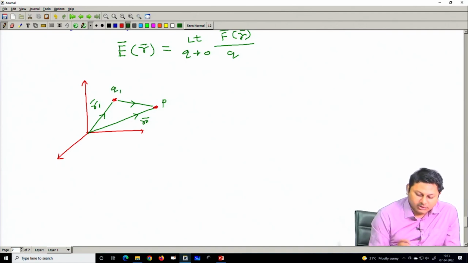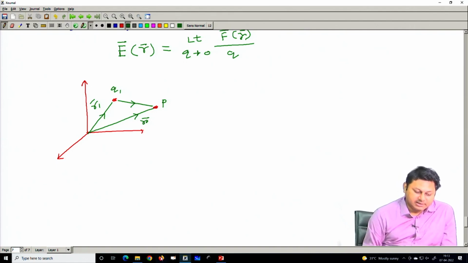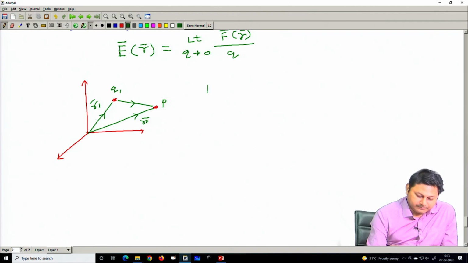So, due to q1, what should be the field at point P? That is what we calculate.